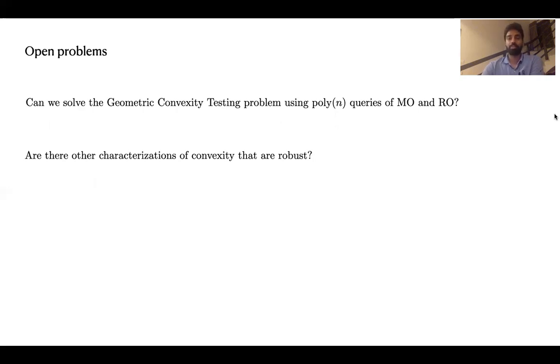People have to come up with something entirely new for this. And also we've seen the two natural characterizations are not robust. Are there any other characterizations of convexity that are robust? There's a link between these two questions. If you are able to come up with a characterization of convexity that is robust, that might lead you to a tester.